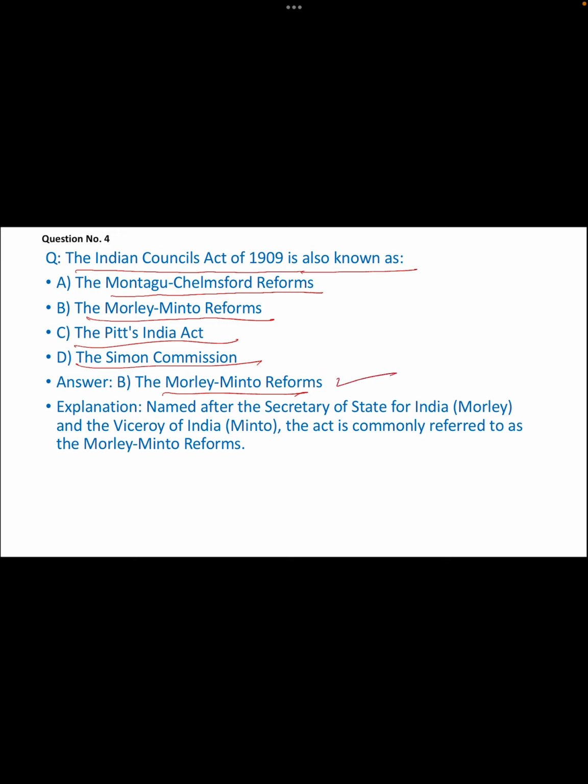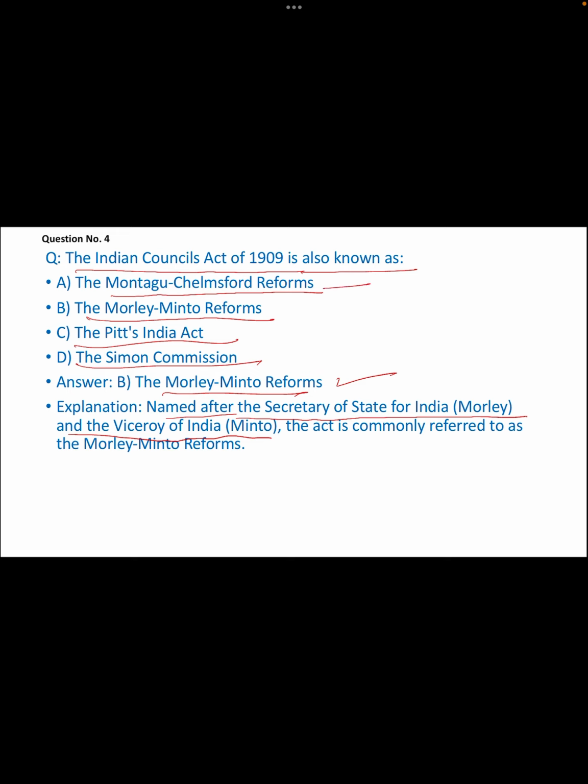So it is named after, as I said in the previous question also, Secretary of State Morley and the Viceroy of India Minto. So it is commonly referred to as Morley-Minto Reform.